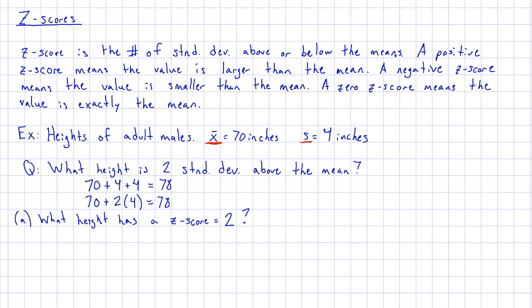So this is a formula we can use. The value of interest is equal to the mean plus the z-score times the standard deviation.